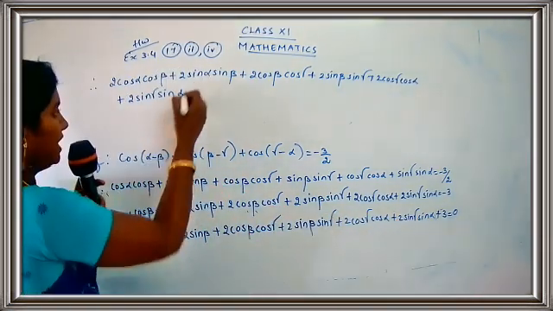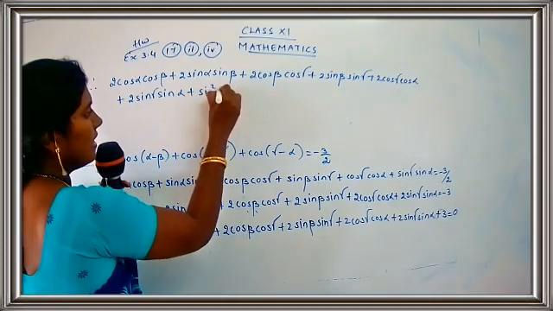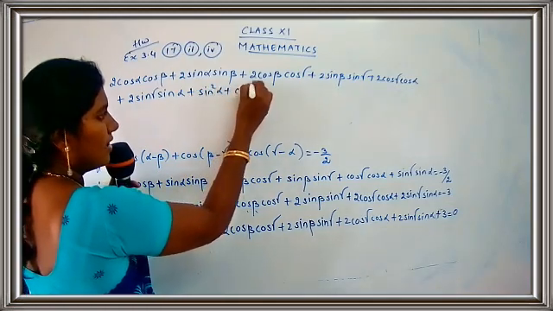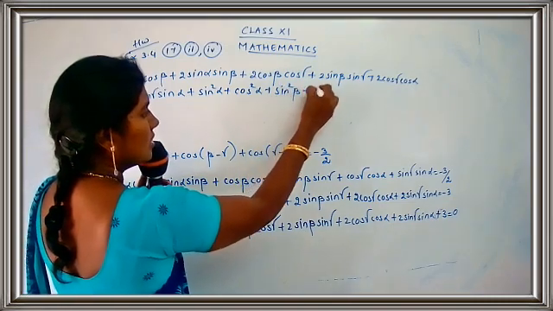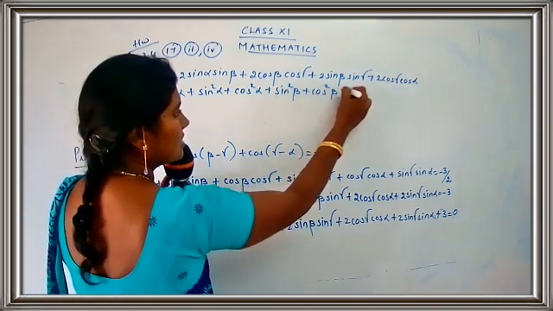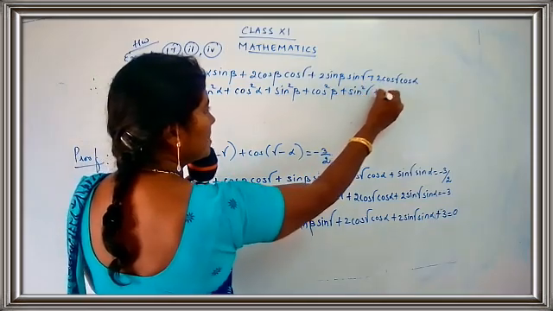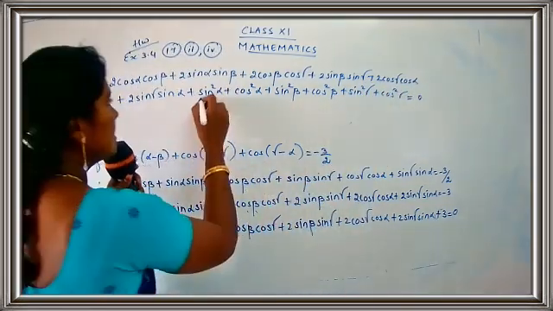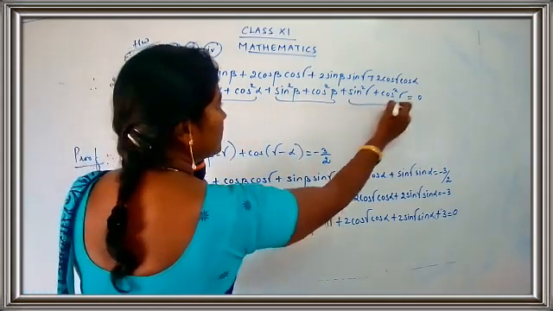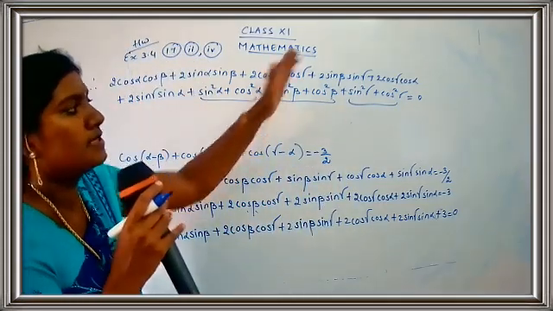I am going to write down 3 as sine square alpha plus cos square alpha plus sine square beta plus cos square beta plus sine square gamma plus cos square gamma. This is equal to 3, because this is 1, this is 1, and this is 1. So 1 plus 1 plus 1 is 3.